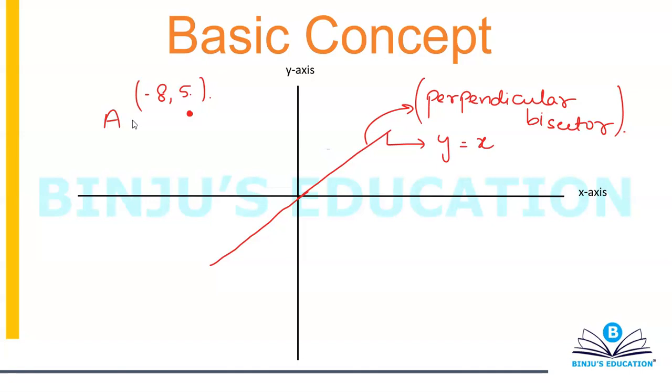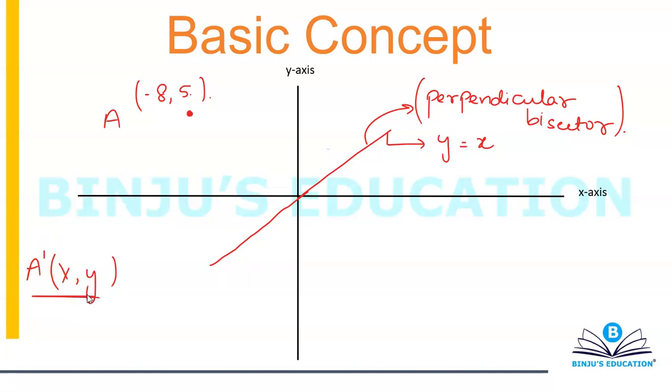So y is equal to x is going to act as a perpendicular bisector of line segment AA dash. Let's say A dash has some coordinates x comma y. I do not know where A dash is, so I'm simply taking it to be x comma y.